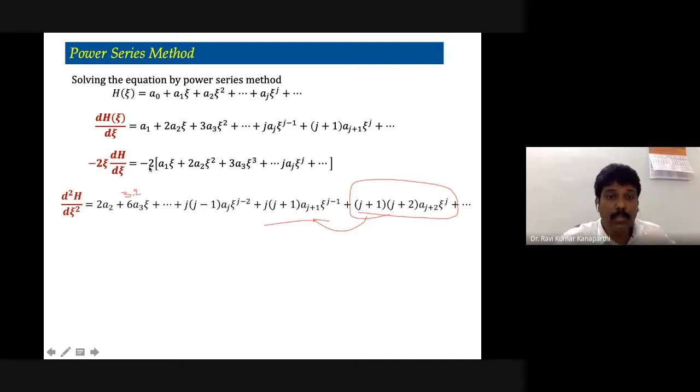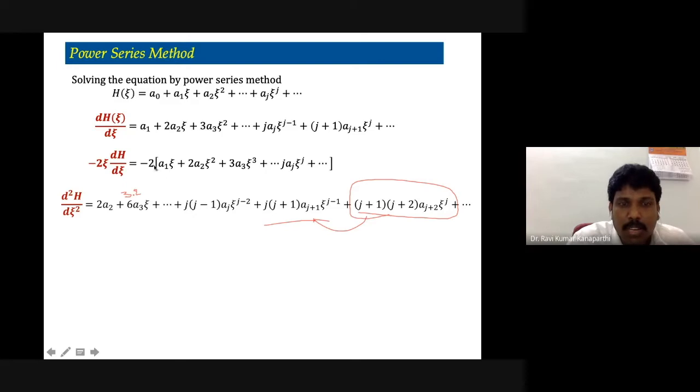Then what you get is minus 2, and dh of z by dz you can simply plug in here. The z from the 2z you can take inside this one. So this has to be multiplied with the minus 2z.